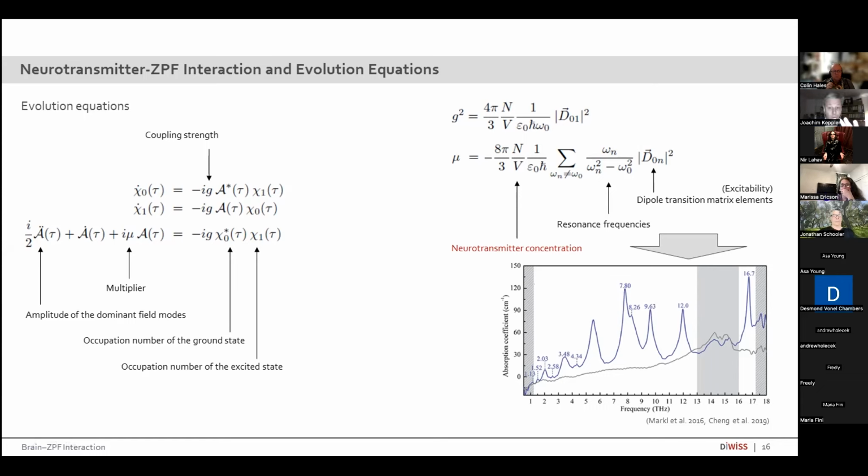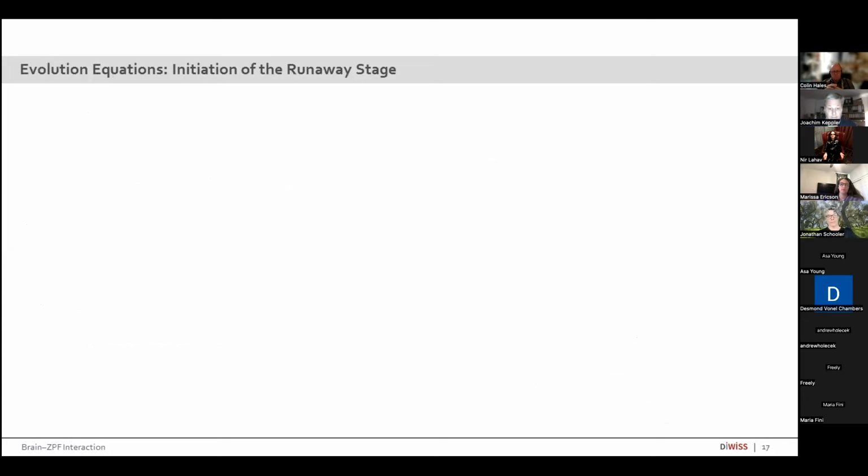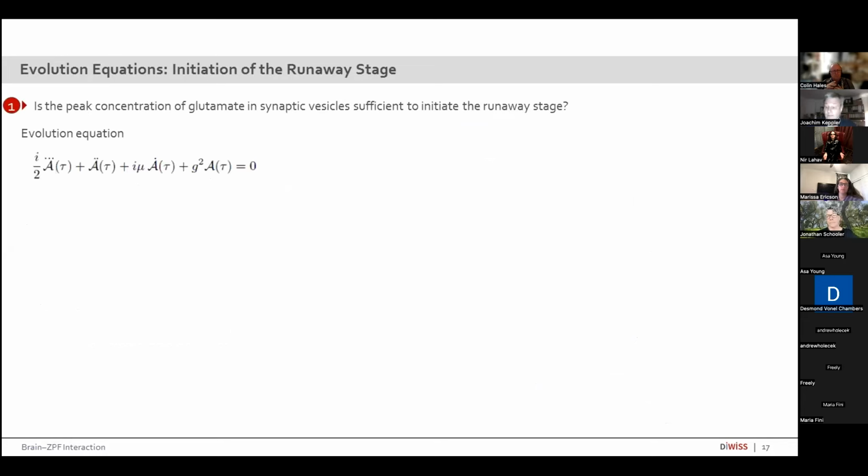And there is no fiddling around and no cheating. So it all depends on the neurotransmitter concentration, which is measurable. And what we find using this mathematical toolkit is that we can now address these questions one after the other.